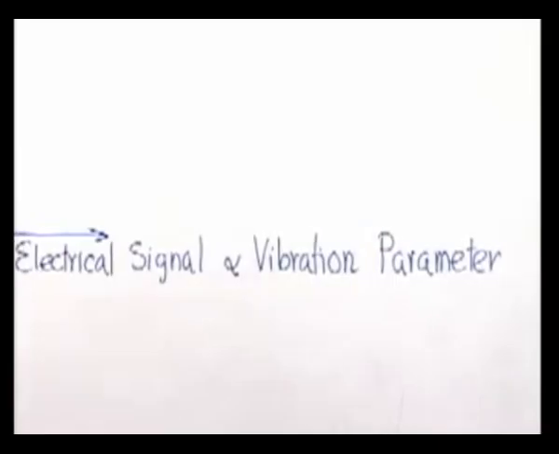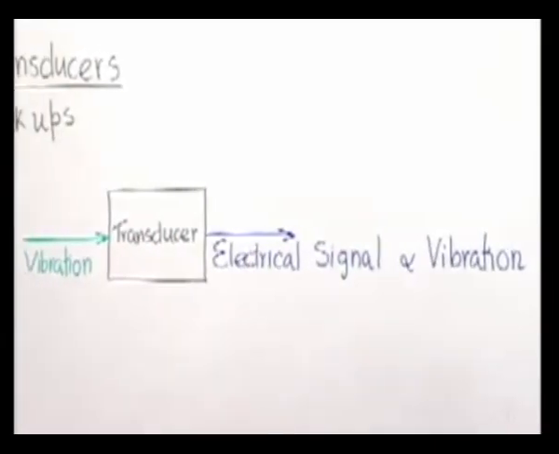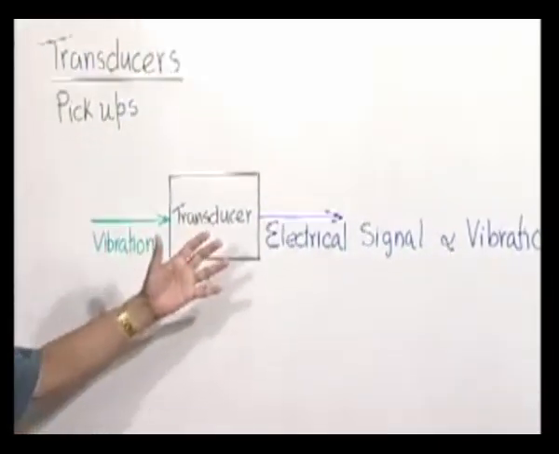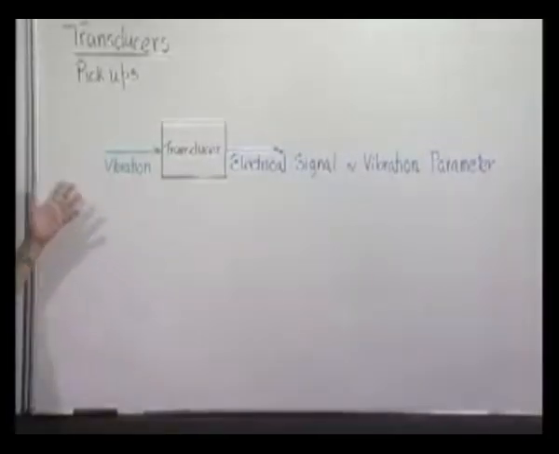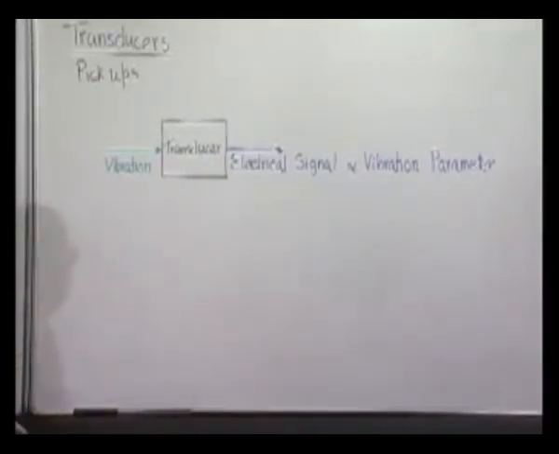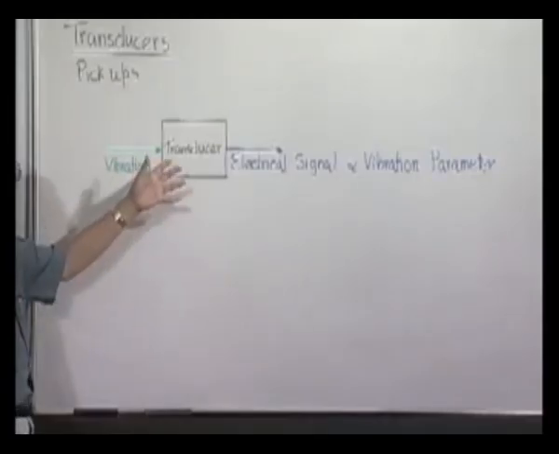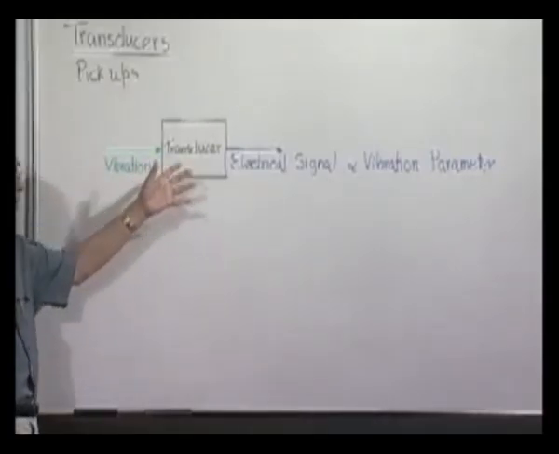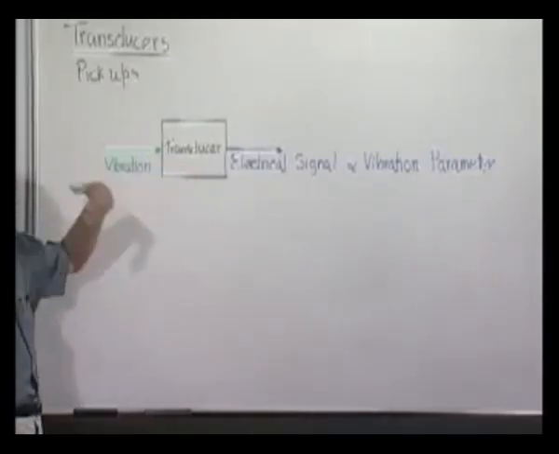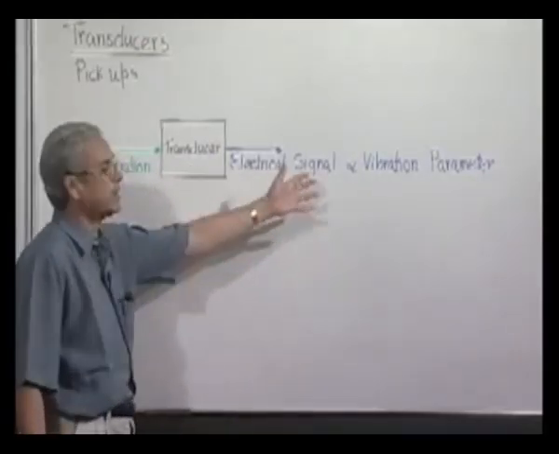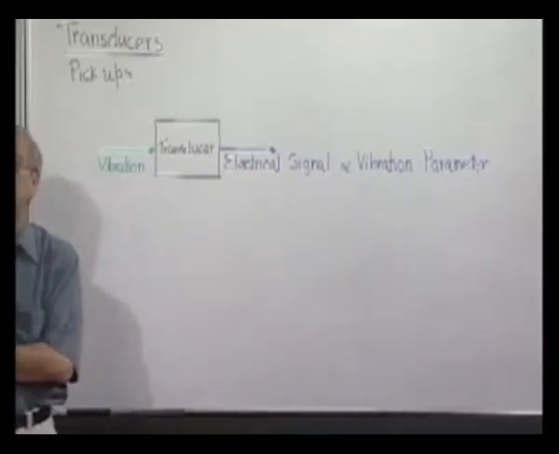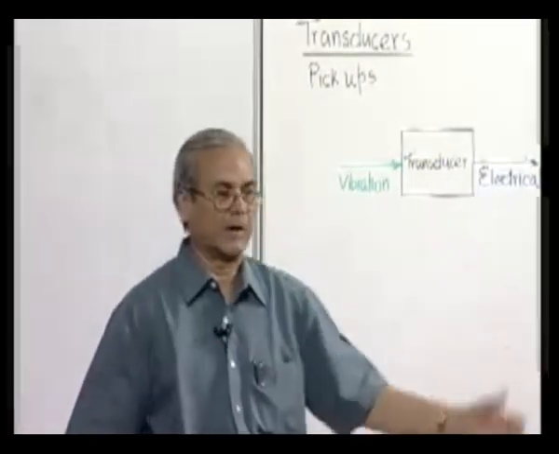In general, though there are very rare occasions where we may not use an electrical output of the transducer, in almost all cases, we get the mechanical motion sensed by the pickup or the transducer, and it transforms that parameter into a proportional electrical signal, which can be then seen or recorded or used in whatever way we want.